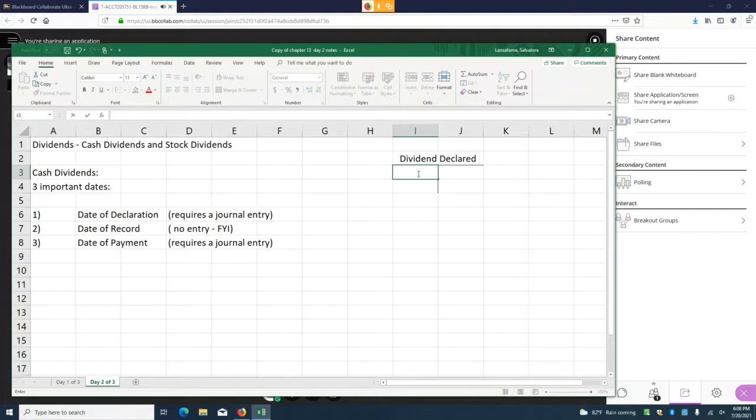So it goes up by a debit, it goes down by a credit. Just like drawing. When an owner makes a withdrawal, you debit drawing, you credit cash. Well, dividend is just like drawing. So on the date of declaration, the company will debit dividends or dividends declared or dividend declared.